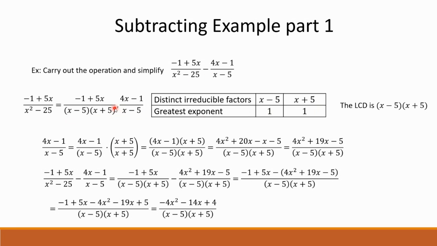X plus 5, the only exponent's 1. So that's also 1. Right? The only exponent's 1, so thus the biggest exponent has to be 1 as well. So because of that, the LCD is x minus 5 to the first times x plus 5 to the first, which is just the product, in other words, as you can see. That's all.